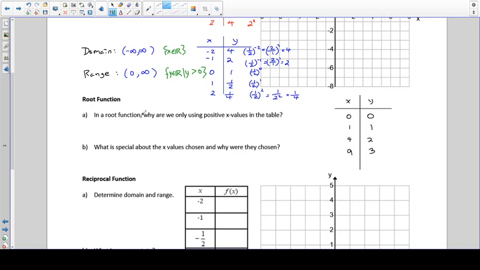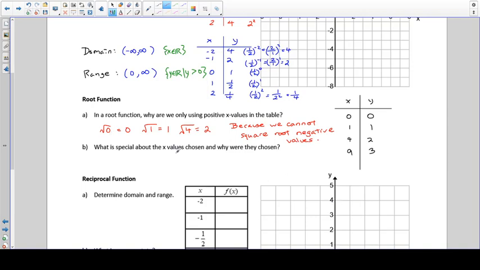Now, the simple answer to that is because you cannot square root negative values. We can square root 0. We can square root 1. We can square root 4, because we cannot have negative numbers inside.